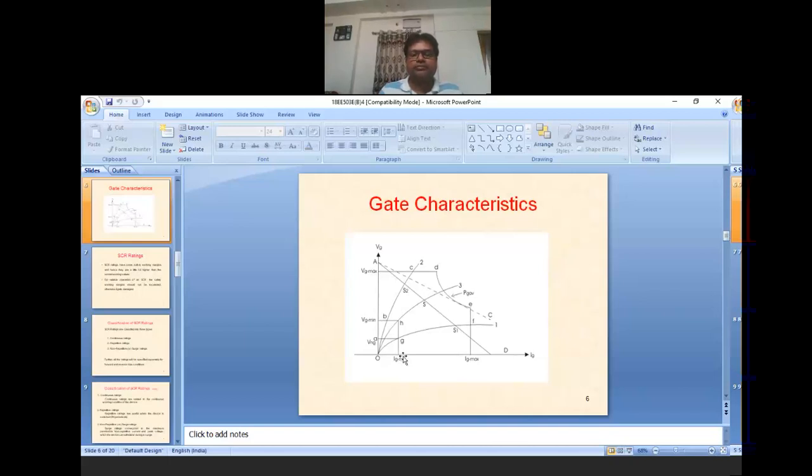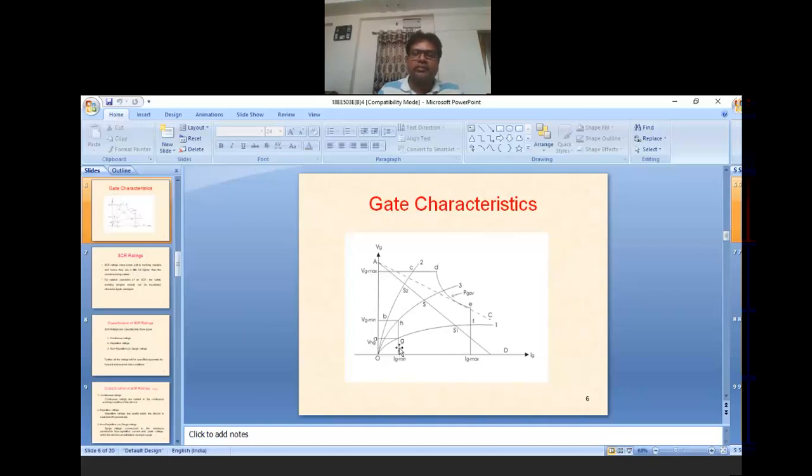And there is another parameter also, which is called as VNG. This is non-triggering gate voltage corresponding to Ig minimum.